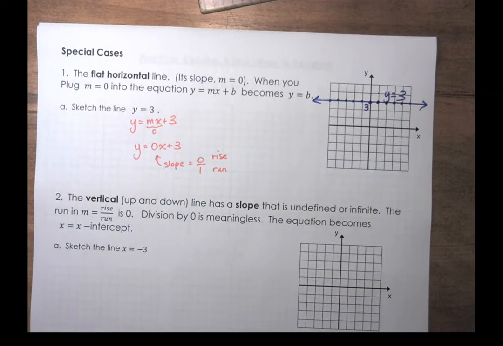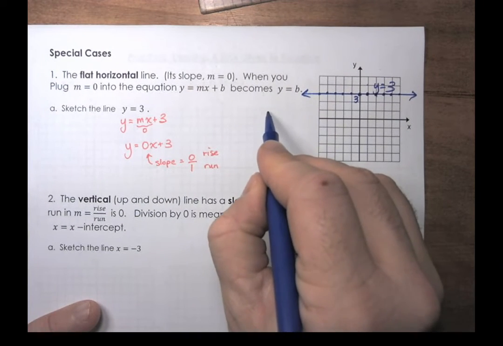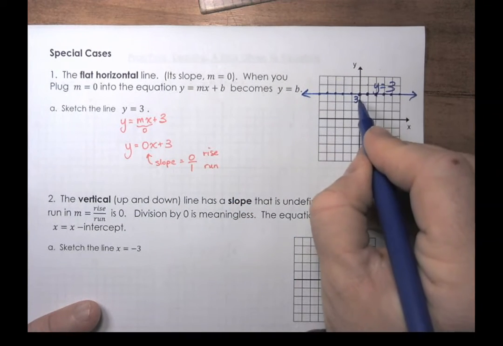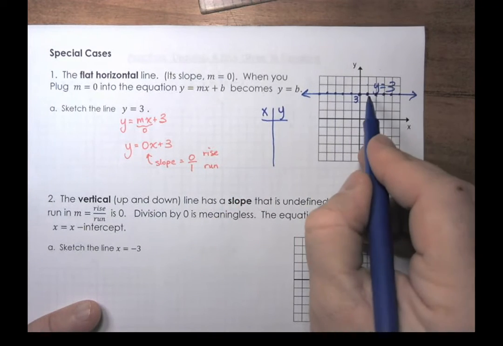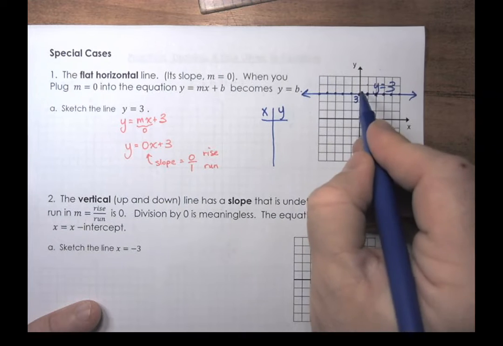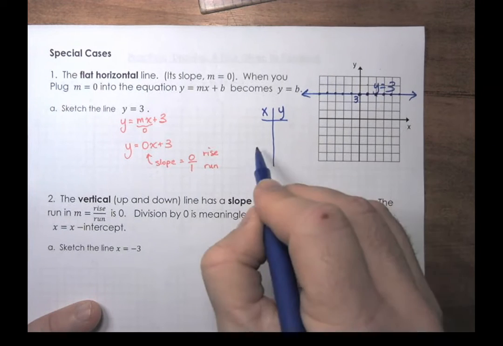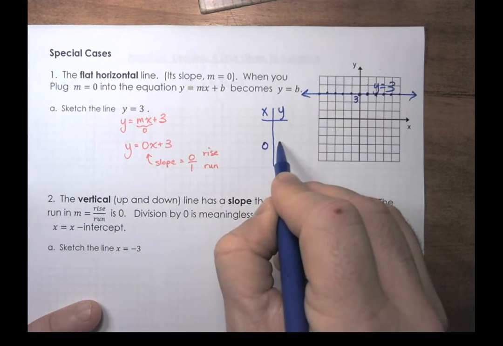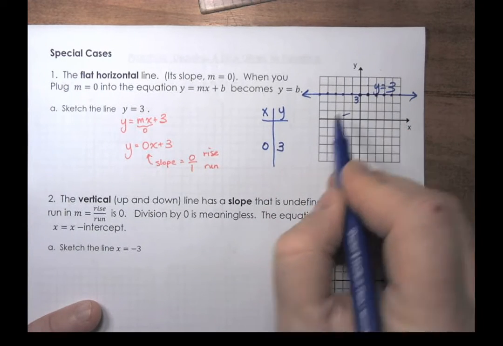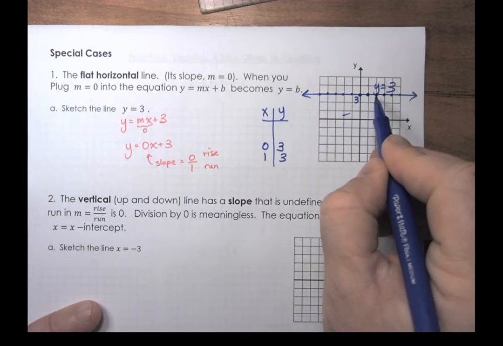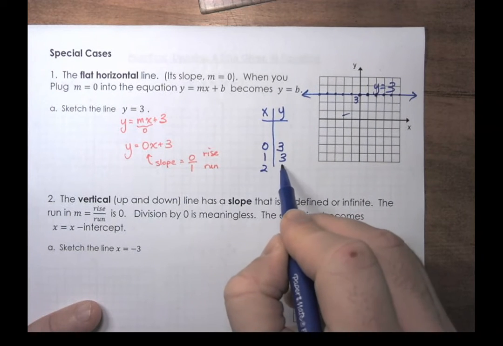Now, there are other ways of looking at this. If I was looking at a table of values of x and y, that point right there is 0, 3. This point right here is 1, 3. This point here is 2, 3.